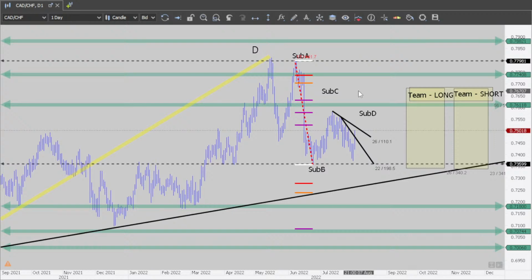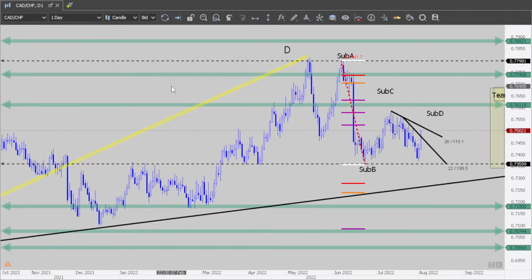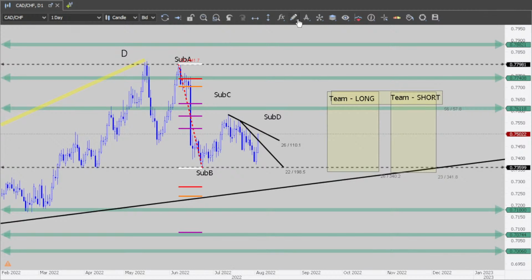Or would you sell this currency pair right now? You have technical reasons to believe that the market is going to go up, and you also have technical reasons to believe that this market is going to go down.